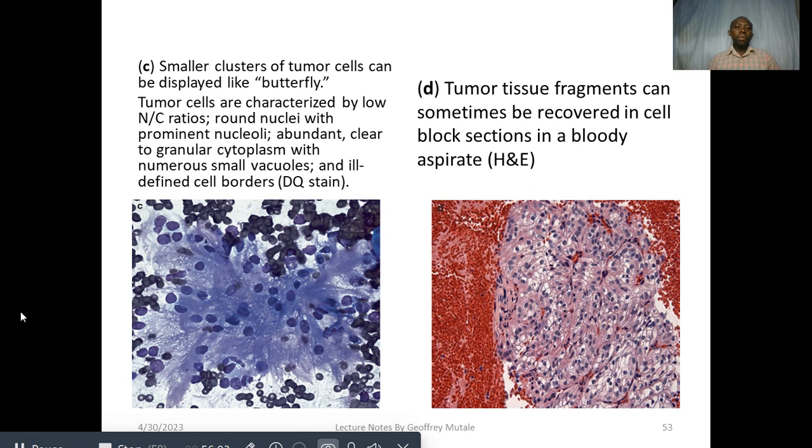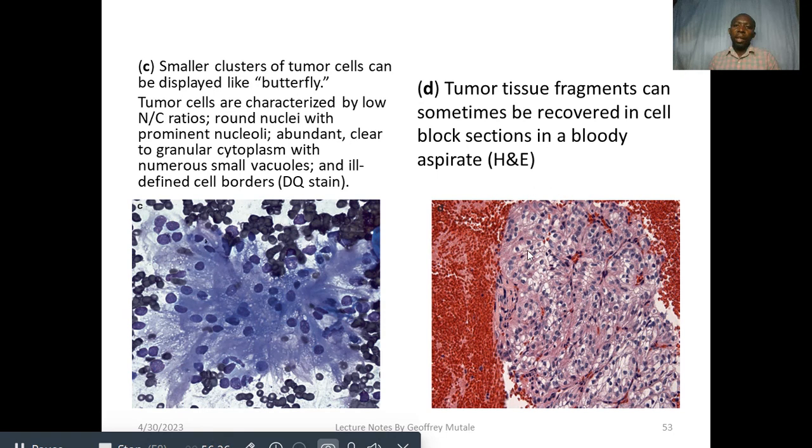We can appreciate the vacuolation here, but to appreciate the borders clearly, it would be better to look at them under higher magnification, as well as the granular background.